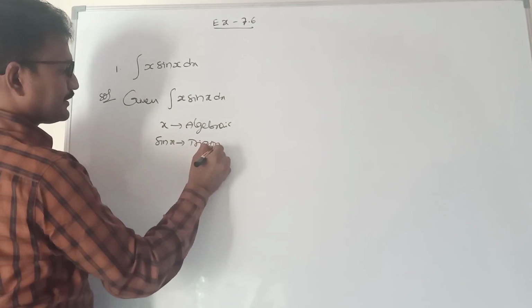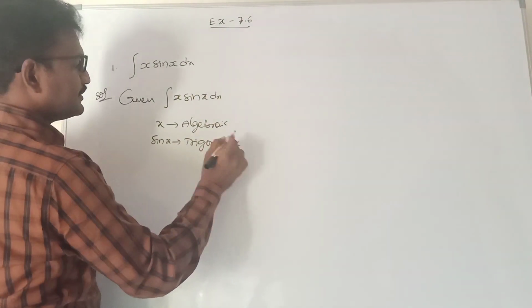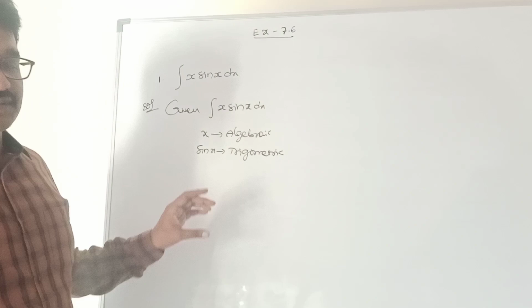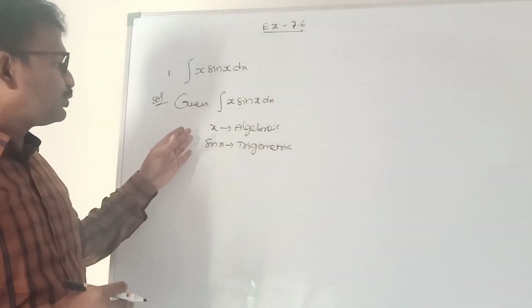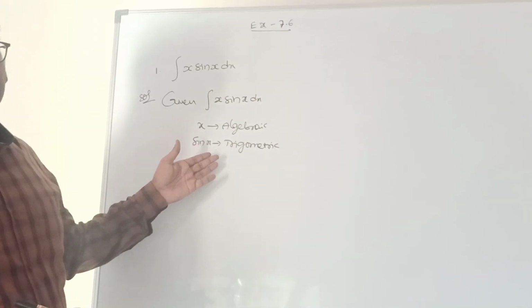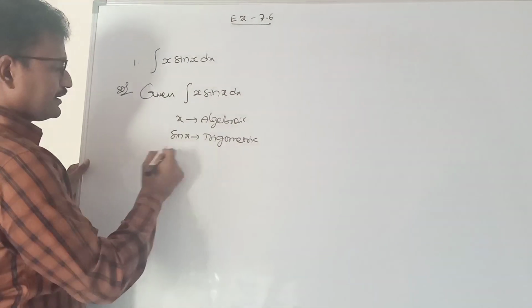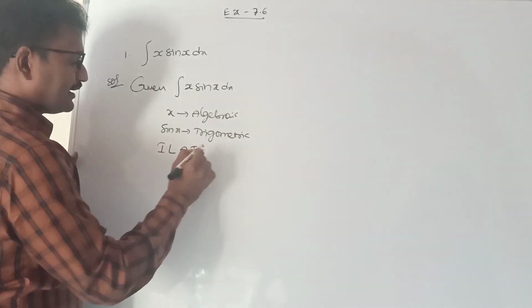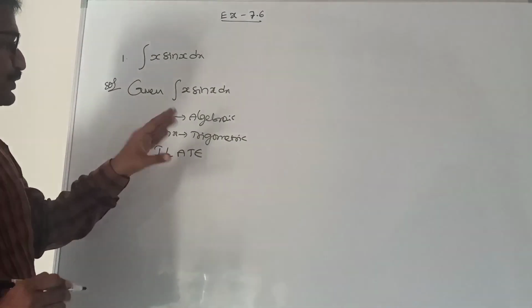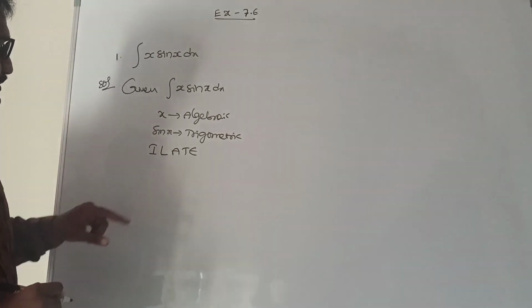Among these two functions, which function is f of x and which is g of x? How to decide? Just now I explained, according to the ILATE order, we should consider f of x and g of x.